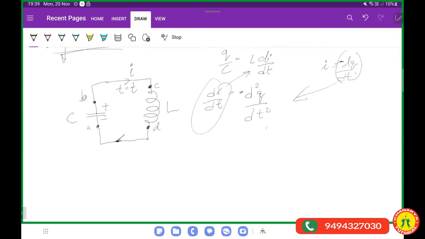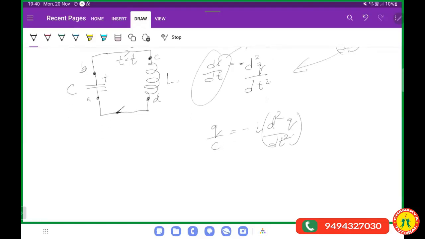From here only we are getting q by C equals minus L d square q by dt square. Don't forget this square. So d square q by dt square equals minus 1 by LC times q.